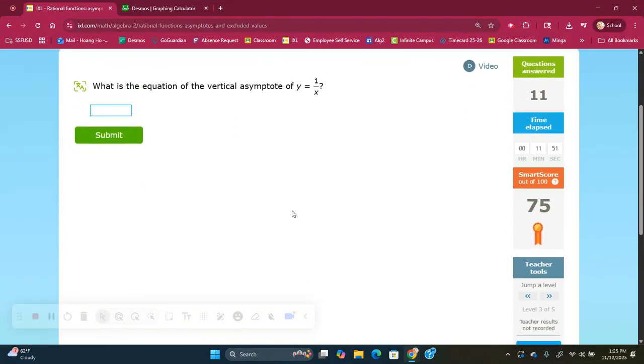Vertical asymptote. If you want to find the vertical asymptote, you go to the denominator. This denominator cannot be equal to 0 in order for the function to exist. So denominator x cannot be equal to 0.